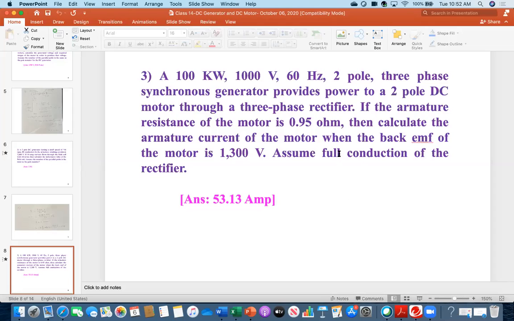Therefore Vt should be greater than 1300 volt. Those who have already done it, you see that the terminal voltage Vt of the motor must be greater than this 1300, otherwise your armature current will be negative.